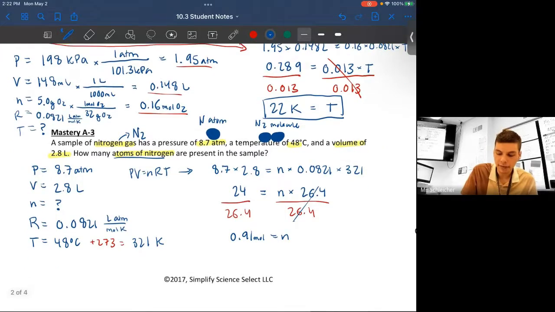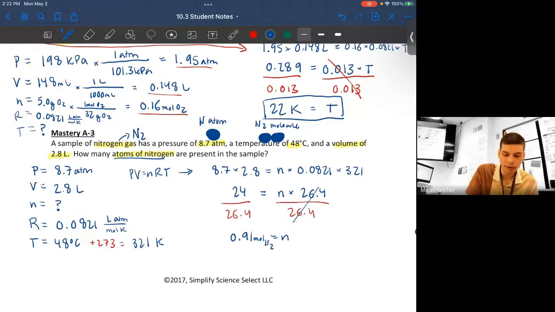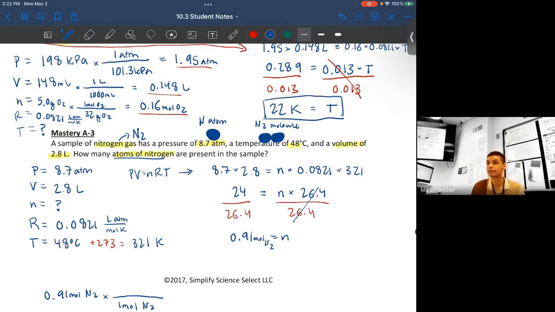So I'm going to start off with this. I'm going to do one final conversion here. I'm going to do 0.91 moles of N2. I'm going to try to get individual units here. I'm going to try to get to molecules of N2. So for every 1 mole of N2, how many molecules are there of N2?